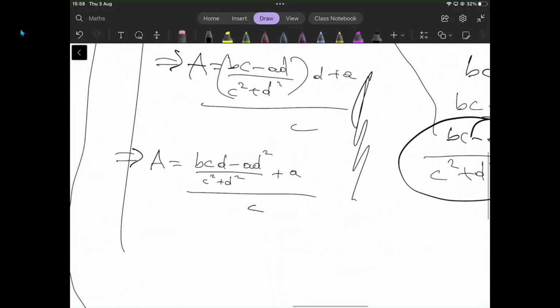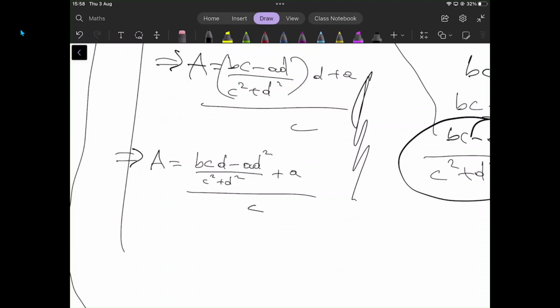Then what happens if we were to, I don't know, say multiply the numerator and the denominator by c, right? Actually no, that wouldn't do anything with it. Maybe divide. Well, I don't think I should be doing that.